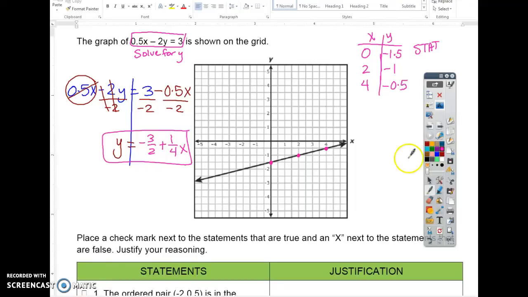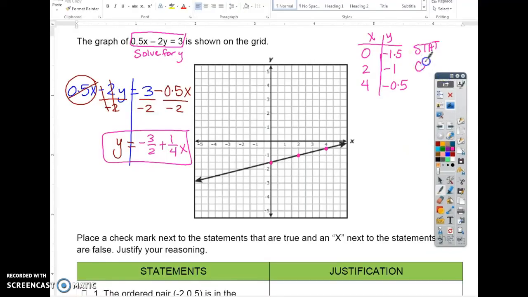Okay, and if we put that in stat, calc 5, that will give us the same equation as this one. Now, you need to put this in y equals trace, so we can answer some of these questions down here.